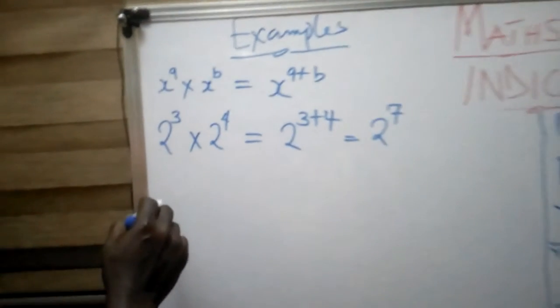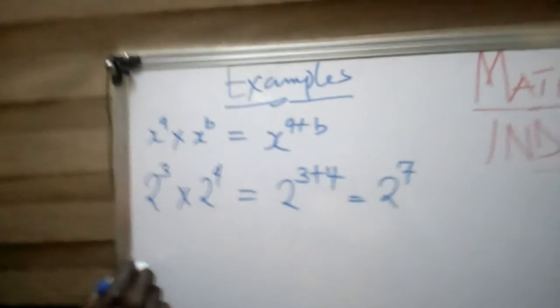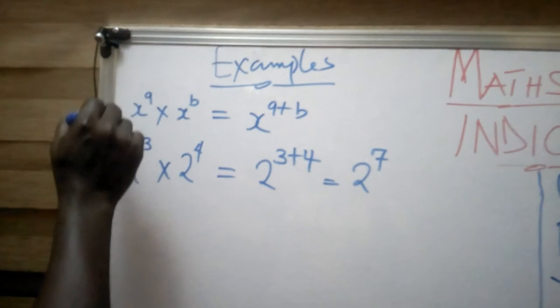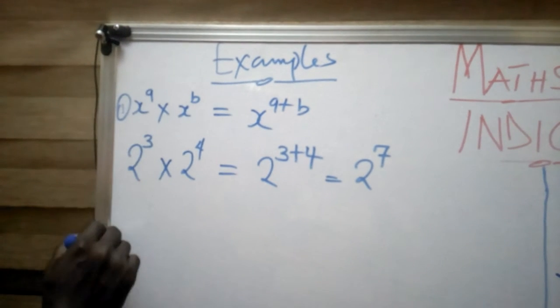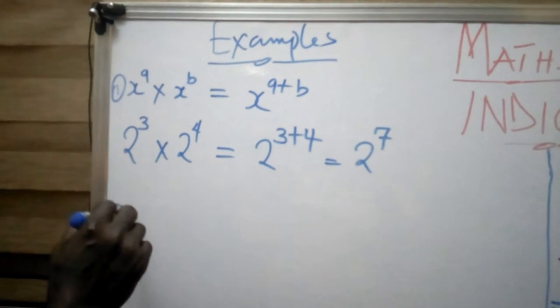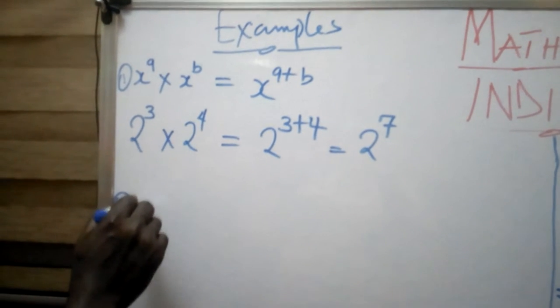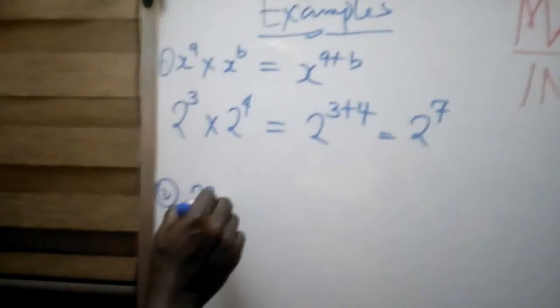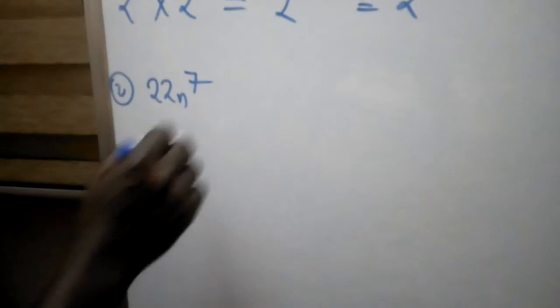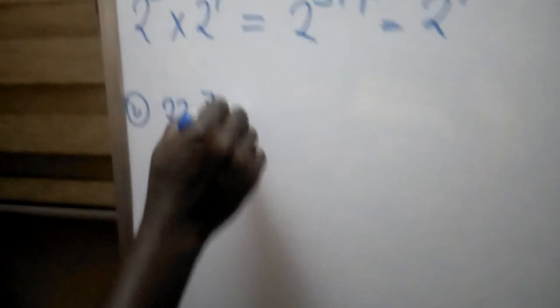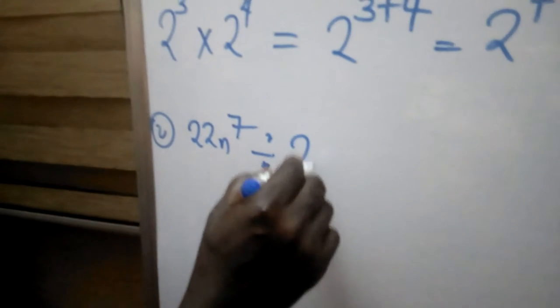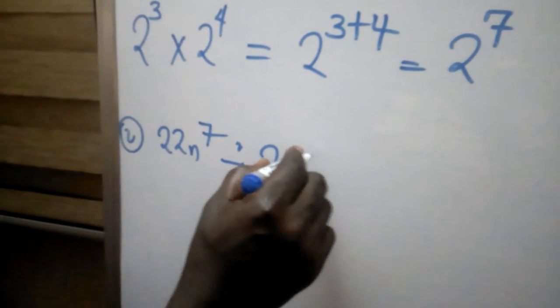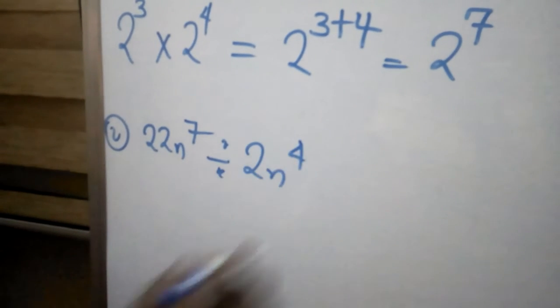The second law, if you have 22n raised to power 7 divided by 2n raised to power 4.